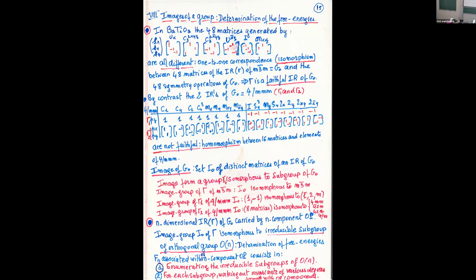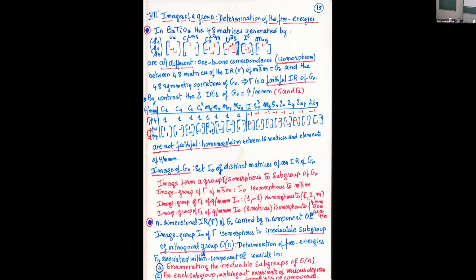And the same for the 8 matrices, the image group of gamma 2 of 4/mmm, which is composed of 8 matrices, is isomorphous either to 4mm or to 4-bar-2m or to 422 or to 4/m. You have many subgroups composed of 8 different matrices.